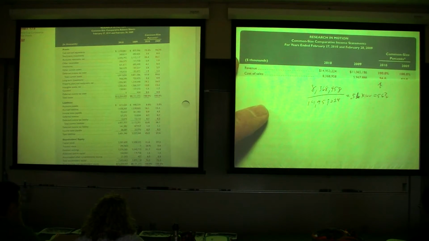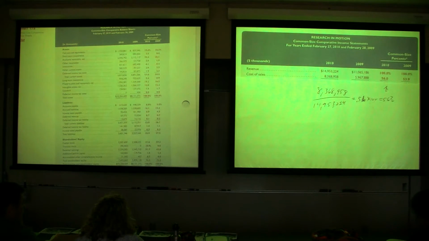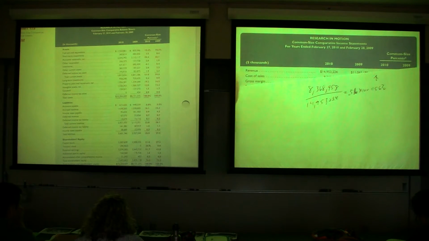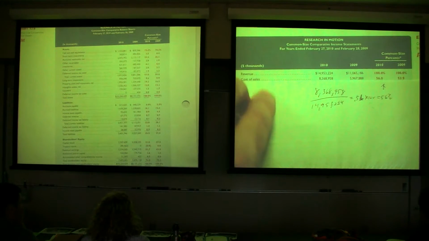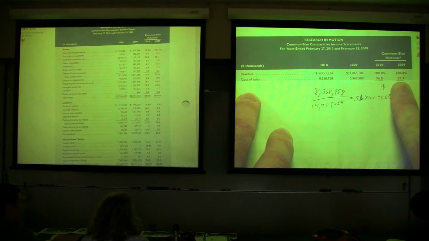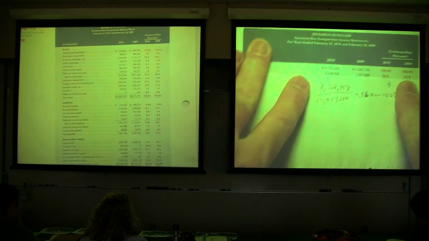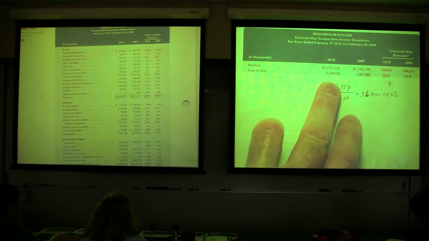So what it's saying is that cost of sales, and cost of goods sold is another name for cost of goods sold, was 56% of gross revenue in 2010, and it was 53% in 2009. So what it means is they're doing a good job of buying merchandise.